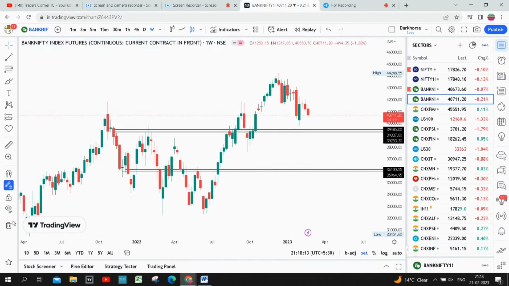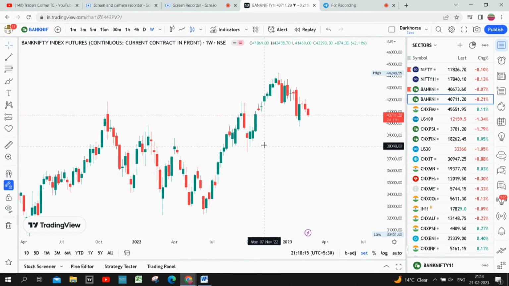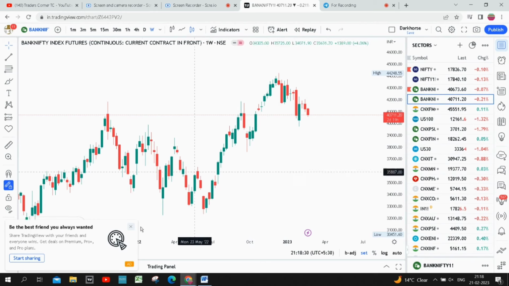As we know already, most of the times Nifty and Bank Nifty are dependent on each other. Even then, one can take a trade only depending upon the analysis which you make either on Nifty or Bank Nifty.